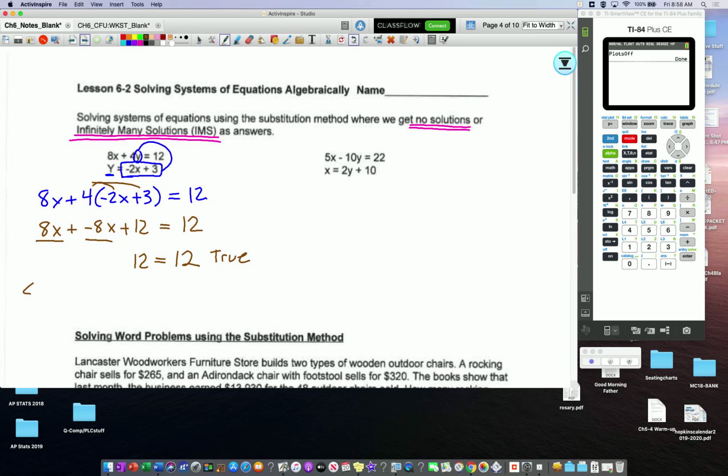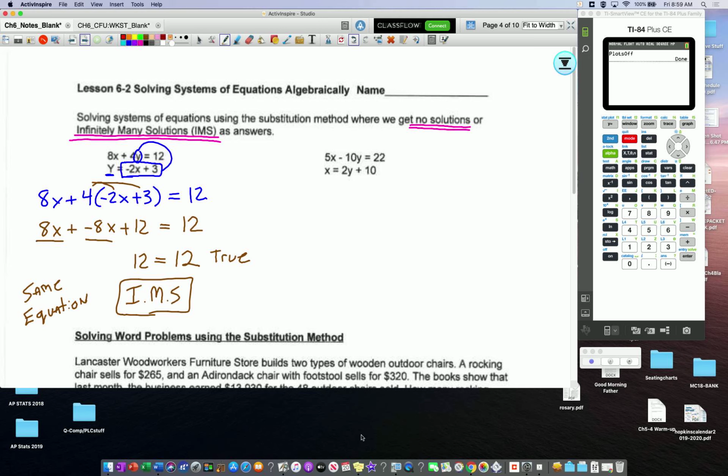So they are the same equation. Even though they totally look different, they actually were exactly the same. And when you graph the same equations, you get infinitely many solutions. So what will happen for infinitely many solutions is you're going to have a number equal the exact same number when you simplify. When that happens, you get infinitely many solutions.